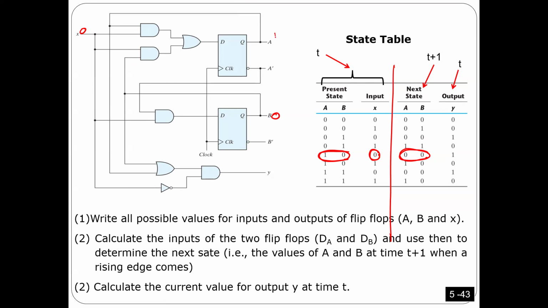So this one was 1, the new value, this one becomes 0, this one is 0, and Y here is 1. So I was here, now I'm going to move to this state, 0, 0.